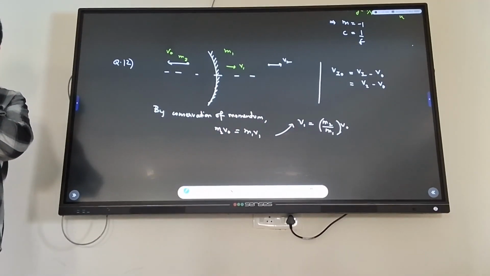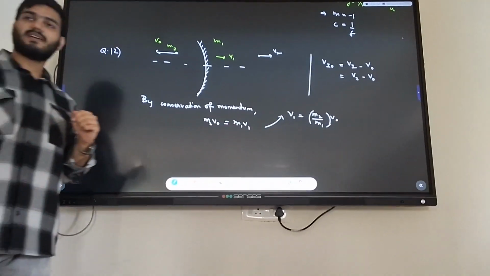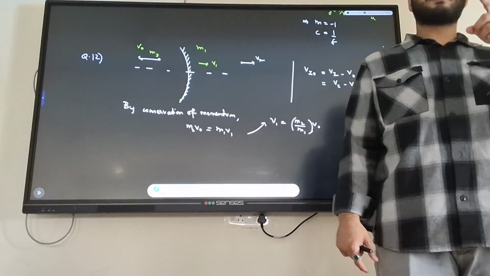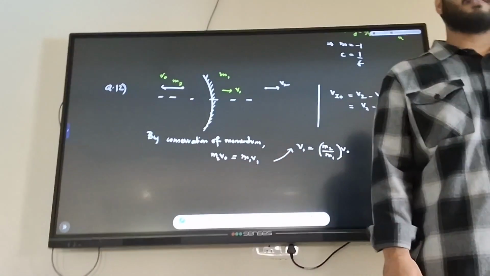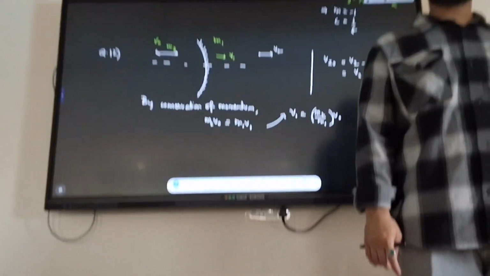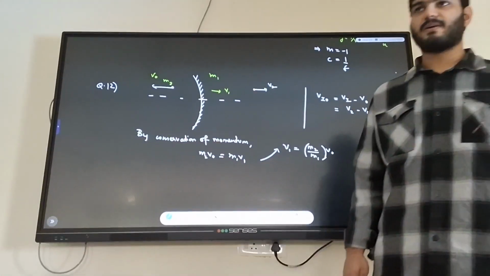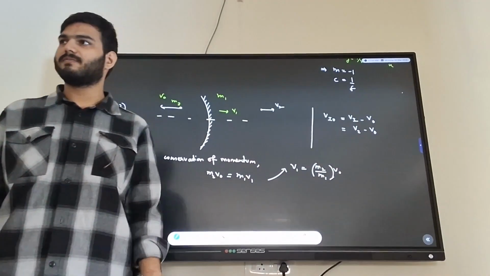Now I have to find my image velocity. In the questions that I have done previously, do you remember there was a question where a person is standing, the mirror is moving, the object is also moving, and I had to find the velocity of image with respect to the person? In that question, I had to go into which frame? Mirror's frame. So I have to find my image velocity with respect to the mirror somehow.